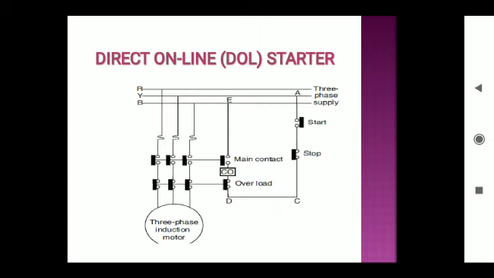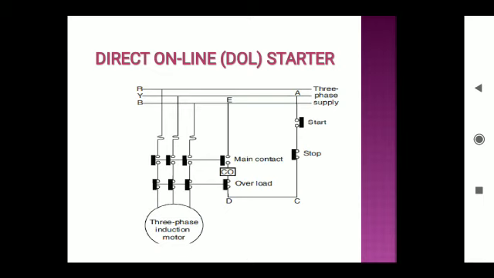This is the circuit diagram of the direct online starter. In the direct online starter, the method of starting cage motors, the motor is connected by means of a starter across the full supply voltage. It consists of a coil operated contactor controlled by start and stop push buttons, which may be installed at convenient places remote from the starter.